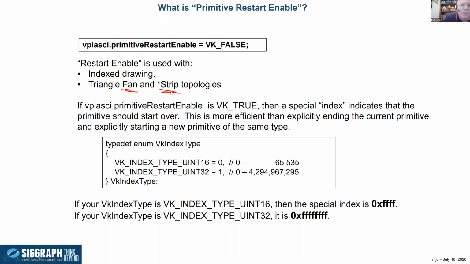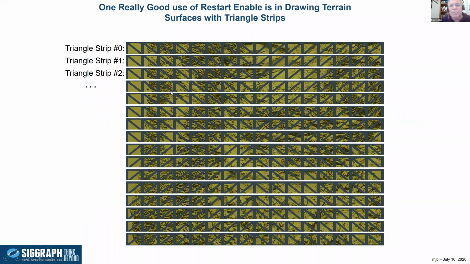Well, you take something like this. This is a topology visualization of Oregon, actually. And to do that, we're doing a row of triangles here, and then we're doing a row of triangles there.